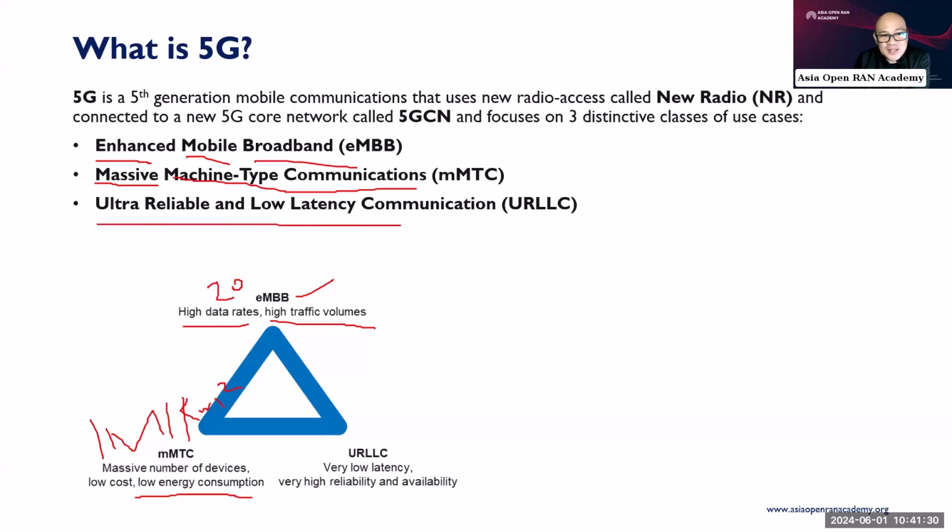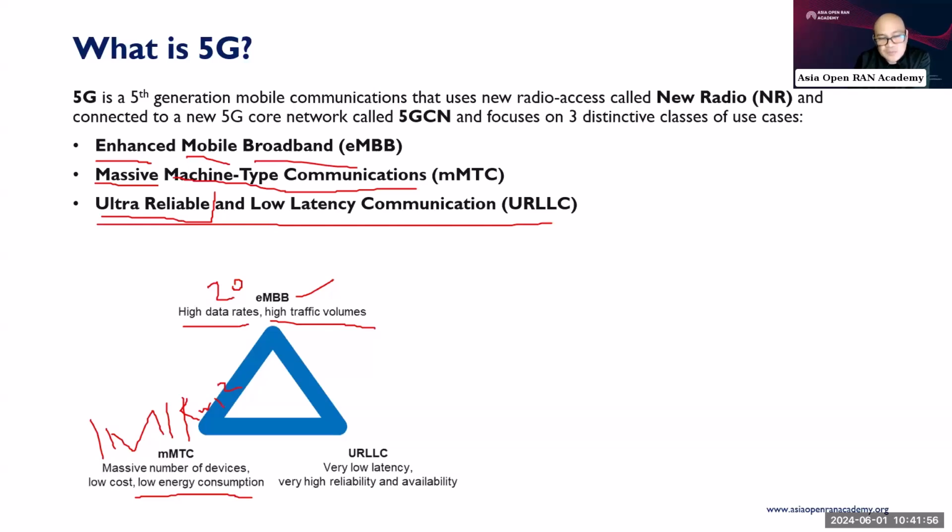Ultra reliable and low latency communications, the URLLC. Ultra reliable, meaning up to 99.9999, so 6 nines, reliable. So as a minimum downtime in a year. And then also has a lot of redundancy. So you will hear non-terrestrial networks. Okay. So you have a redundancy of connectivity using the satellites.